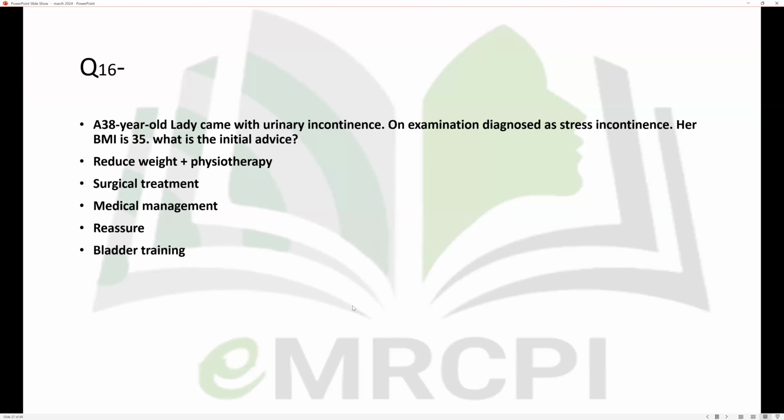A 38-year-old lady came with urinary incontinence, on examination diagnosed as stress incontinence. Her BMI is 35. So what is the initial advice? That's very easy. Many of the questions, I can say more than 50% of this exam, are very easy questions, with some that are a little bit twisted, some maybe new.